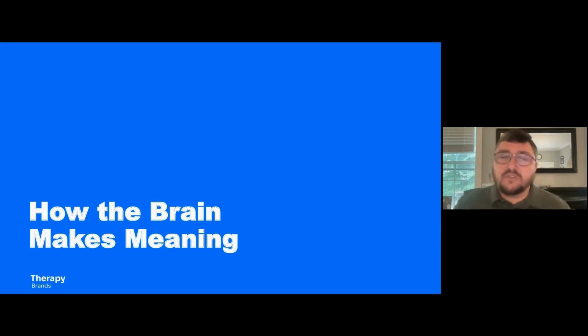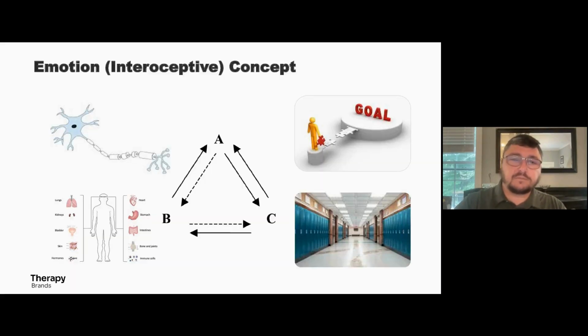So how does the brain make meaning? Again, Dr. Barrett talks about in her work that emotions are goal-based concepts. And so in my head, I feel like goal-based uses interoception and the muscles in your body.